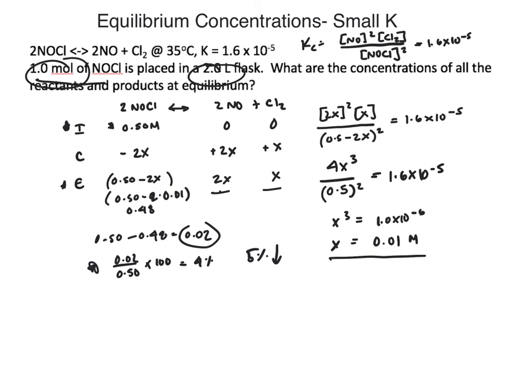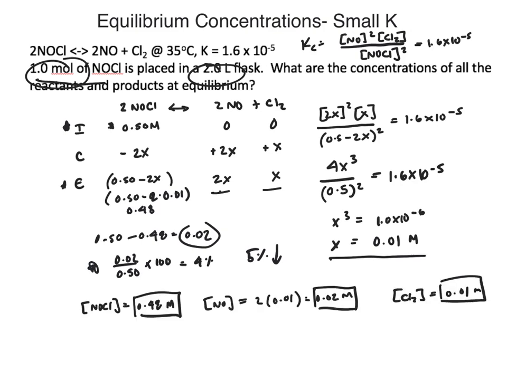And then obviously we can go back and check like we have in the past. We plugged in our x values for each of our concentrations at equilibrium and got these values. If you plug them back in, you'll get a relatively close value to the equilibrium constant that you obtained originally.